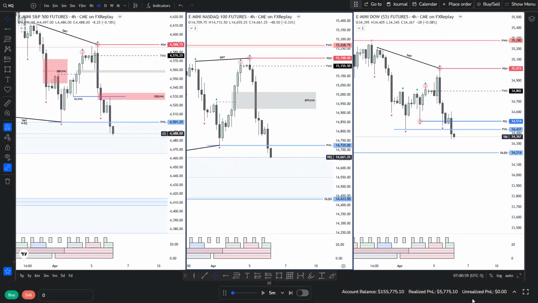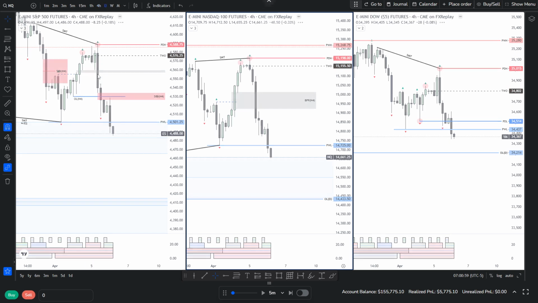Okay, so let's crack on into this. Let's get our analysis. So again, back with our daily outlook. I actually got my dates wrong. We're on the 6th. Yesterday was the 5th, not the 4th.